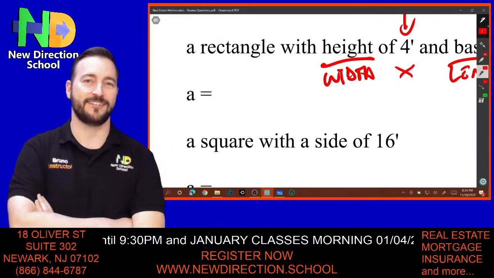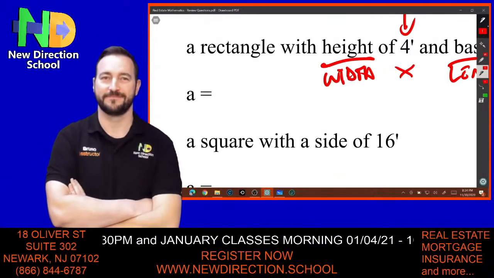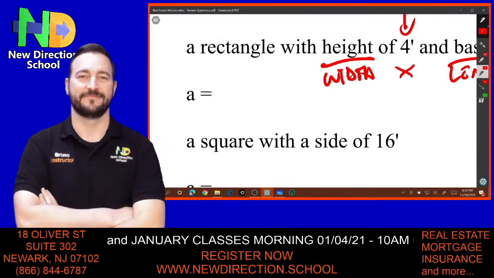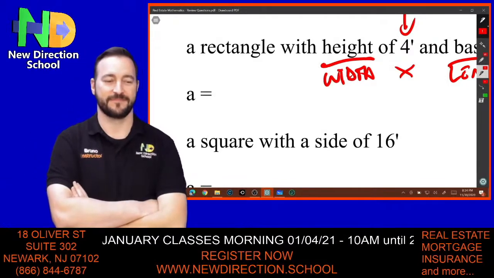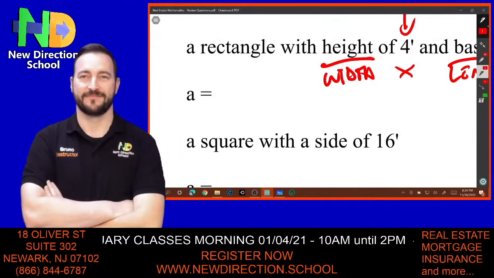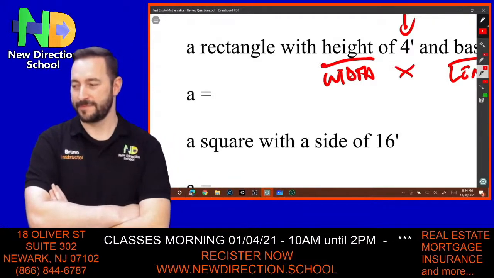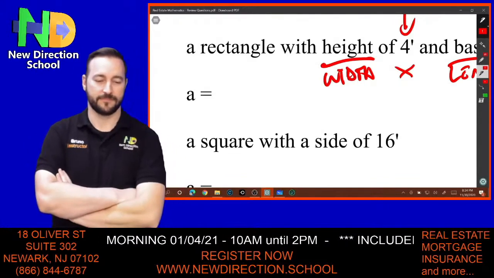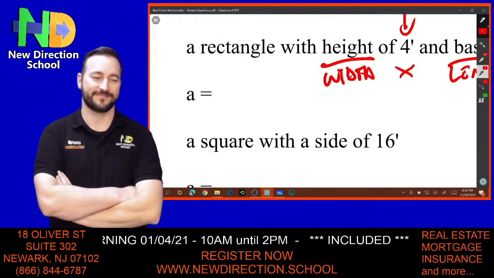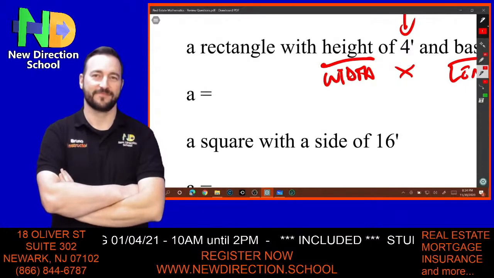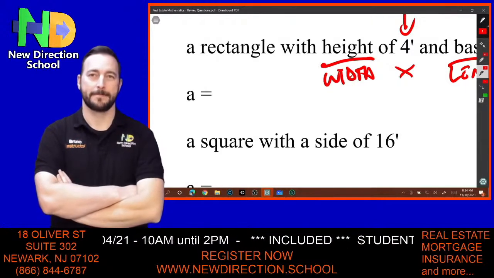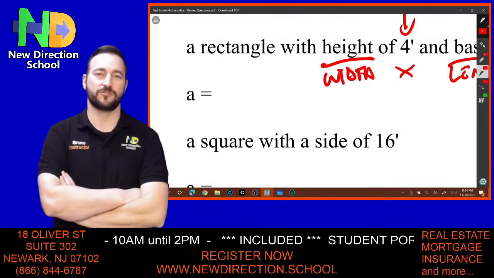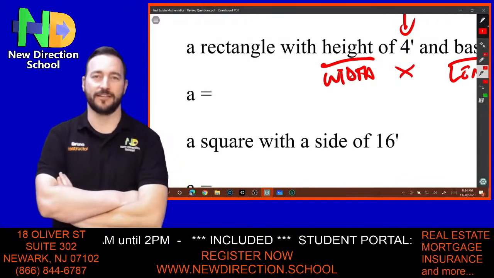You don't add, you multiply. You only consider two sides, the width, the length.